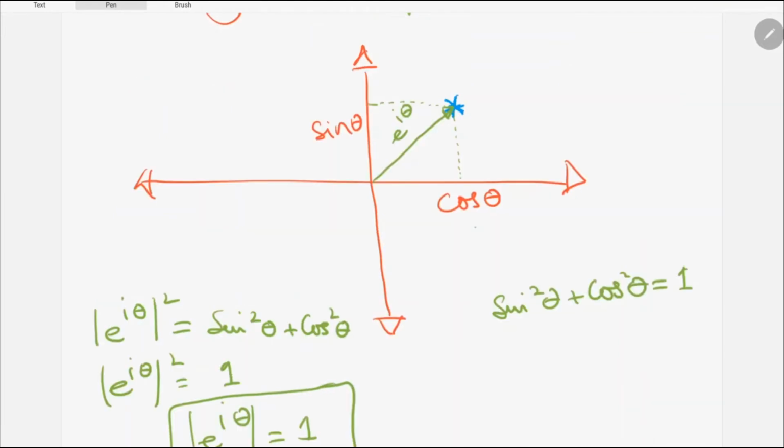So if you have this thing and it is enclosed in a unit circle, let's call it the unit circle.